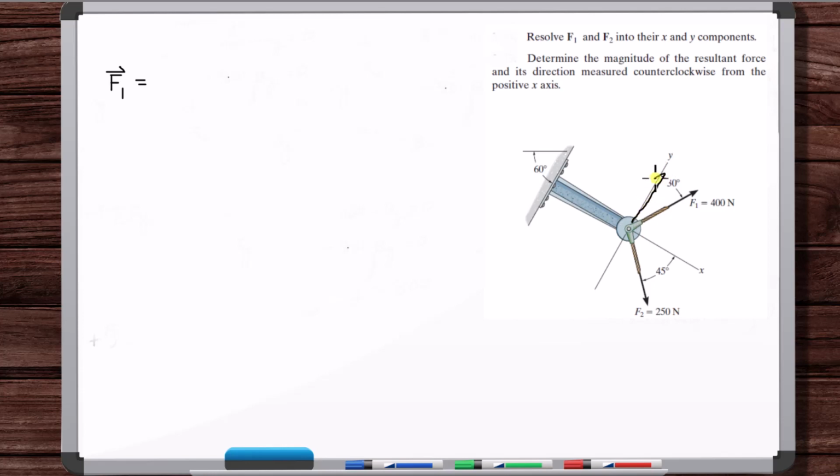This is F1y, this is F1x. So F1x is F1 opposite over hypotenuse, F1 sine of 30. So 400 sine of 30, that's i hat, right? And then F1y is F1 cosine of 30, adjacent over hypotenuse, and they're both positive.